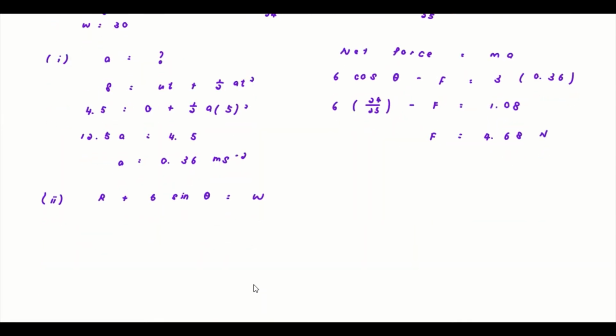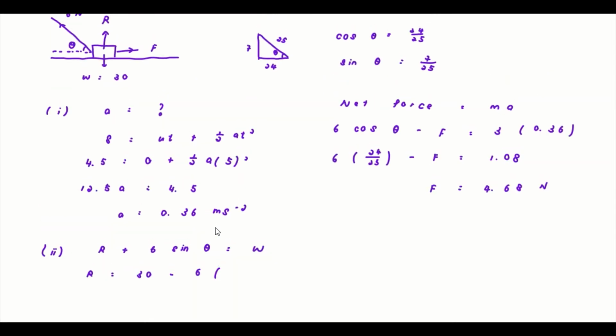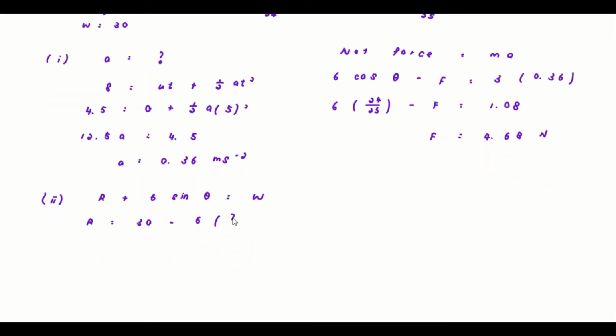So R is equal to our weight here, 30, minus 6 times sine theta just now, which is 7 over 25. From here we can solve our normal reaction force as 22.32 Newton. Please remember for this number you cannot round it off, because by using your calculator this is an exact value.